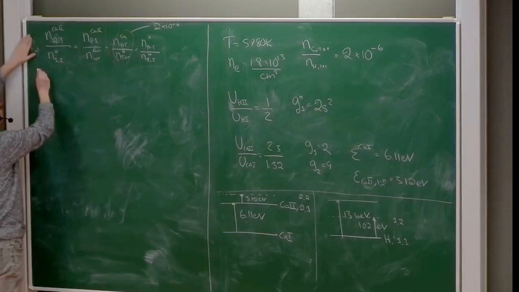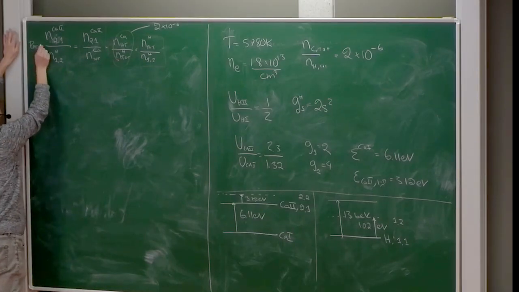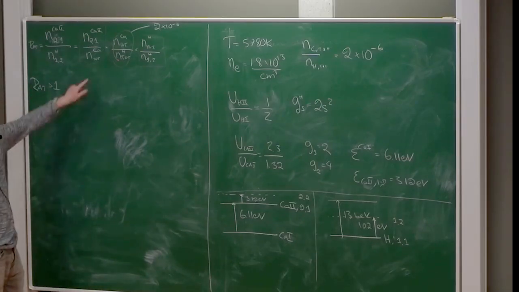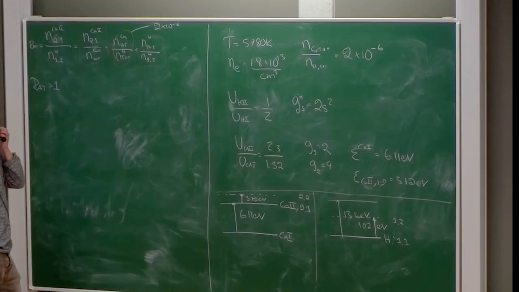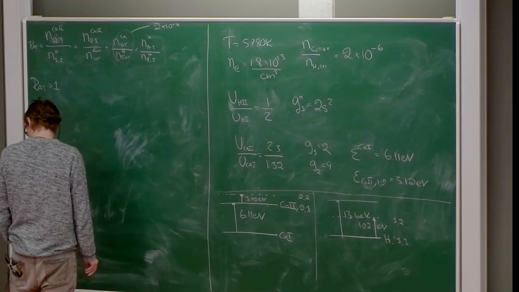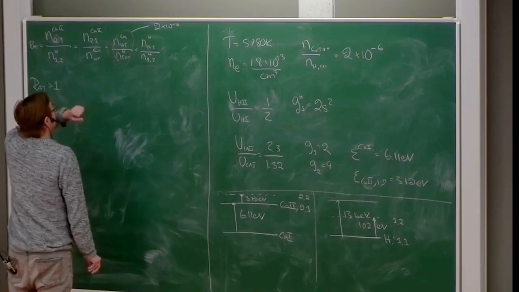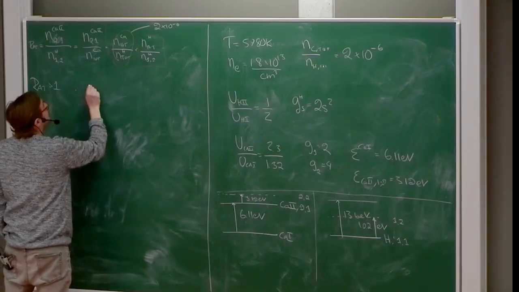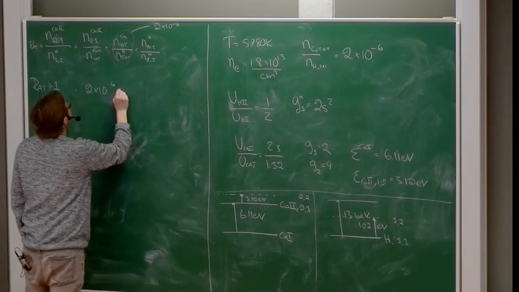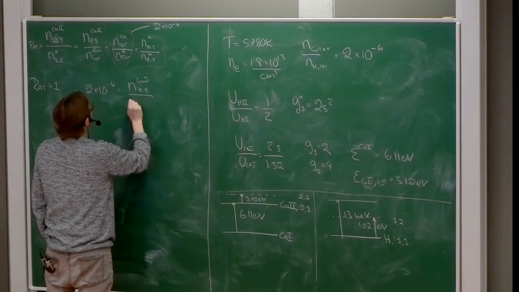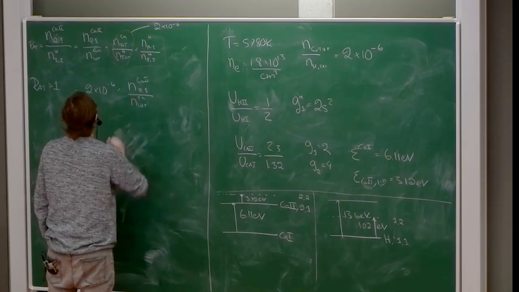So in order for our ratio to be greater than 1, we have 2 times 10 to the minus 6, and then we have N_{1,calcium 2} divided by N total calcium, right?